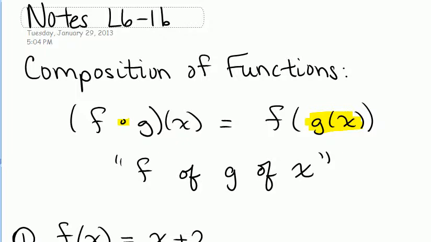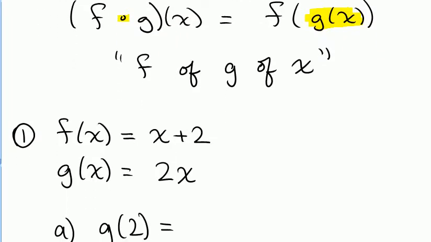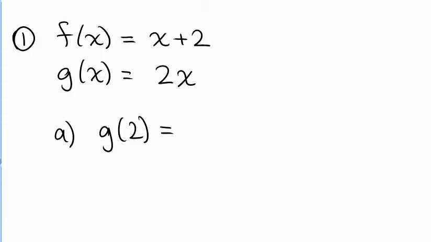So we're going to start with problem number 1. I am giving you two functions, one called f and one called g. F of x is x plus 2. G of x is 2x. Let's start simple with something that we learned a couple of chapters ago that was reviewed from Algebra 1, g of 2.